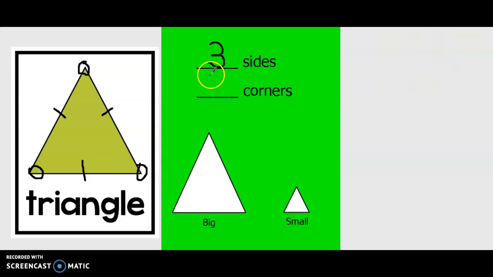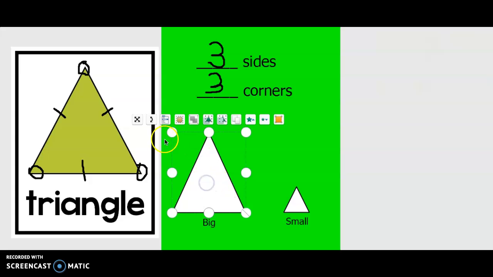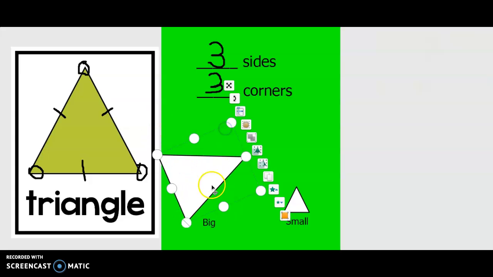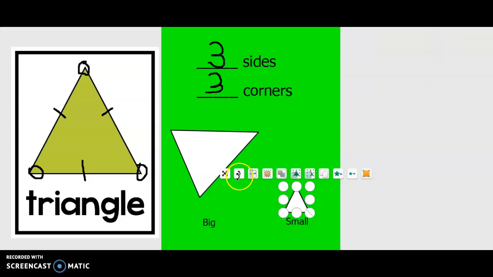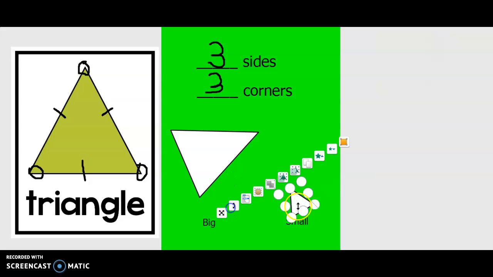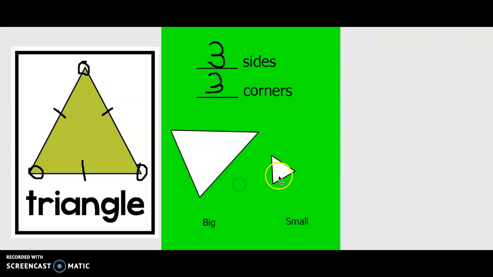How many corners does a triangle have? 3. Now this triangle is big and this triangle is small. And remember, even if we turn them to where they don't really look the same, they're still a triangle because they still have 3 sides and 3 corners.